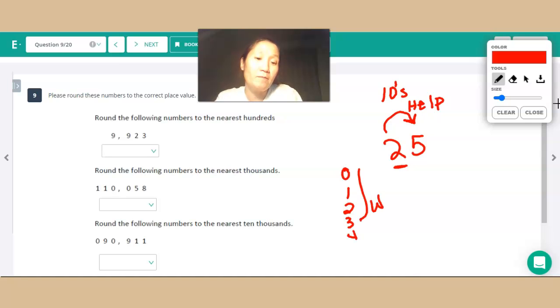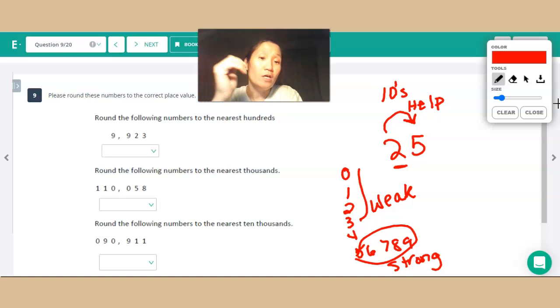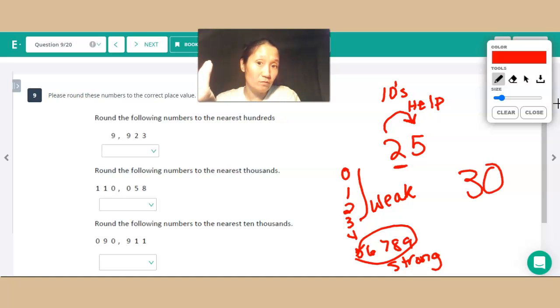Those are weak. If it's 5, 6, 7, 8, or 9, those are strong. Because 5 is strong, it's going to help make 2 bigger. So 2 becomes 3, and then 5 leaves. So your number becomes 30.